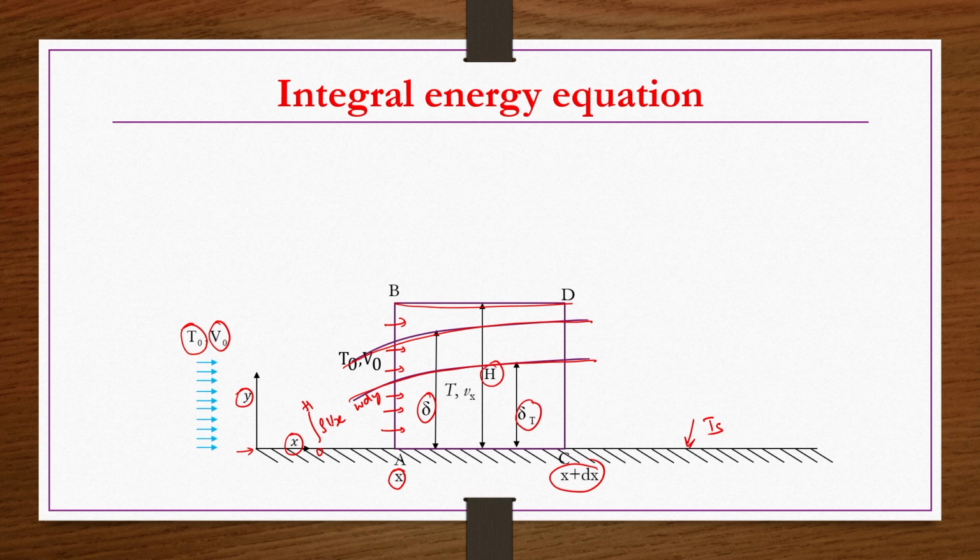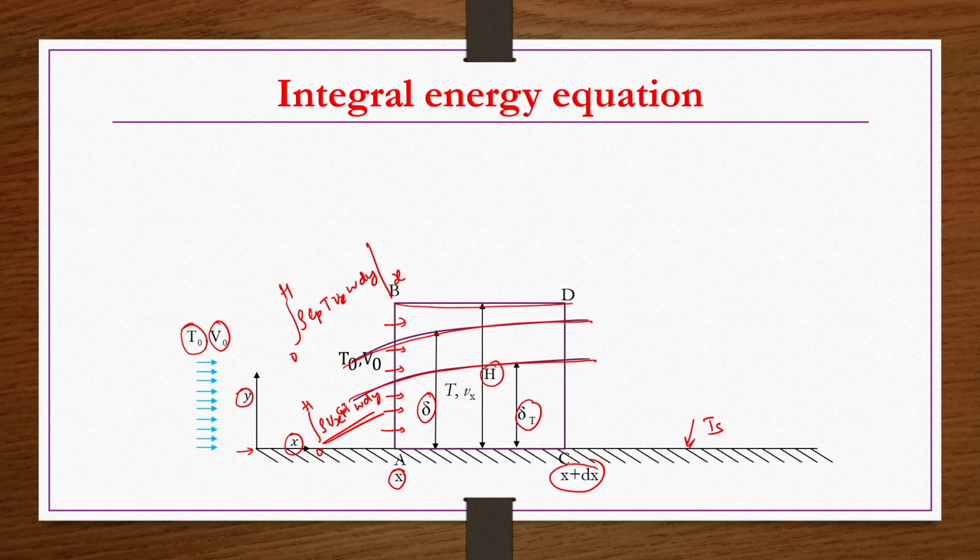Now this quantity if you multiply by Cp T, you get this one. So, that is at the AB plane the rate of heat in is integral 0 to h rho Cp T Vx W dy, this is at x location.